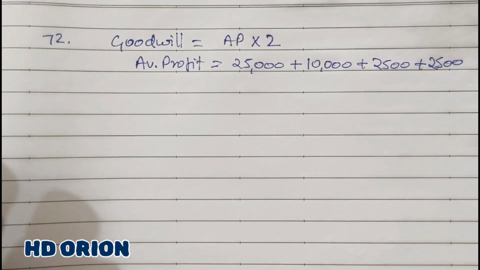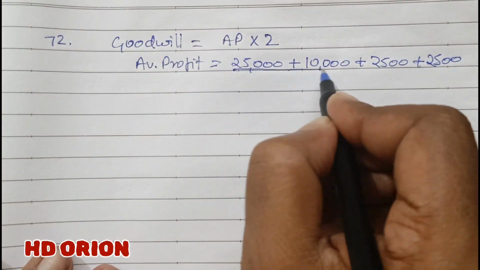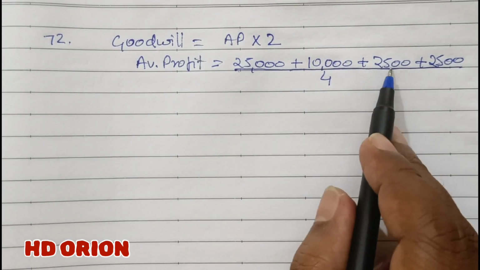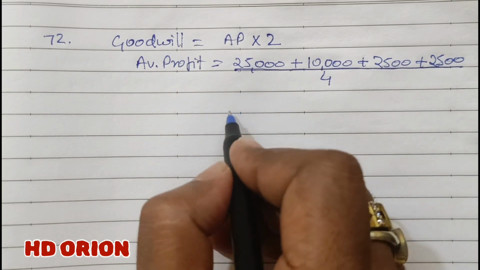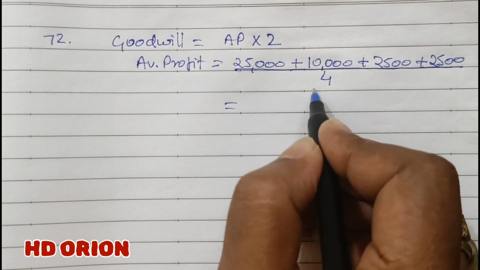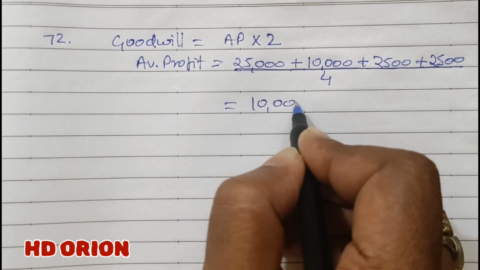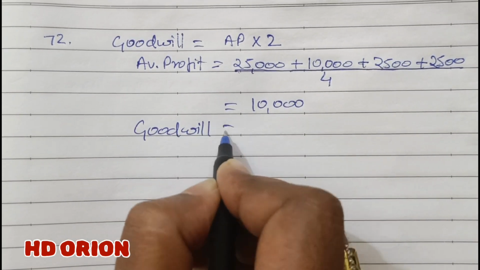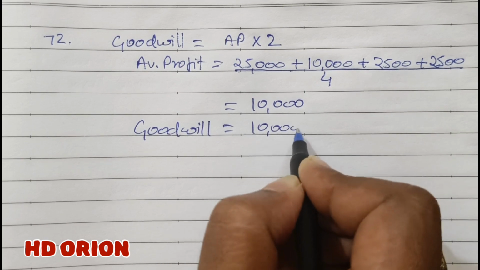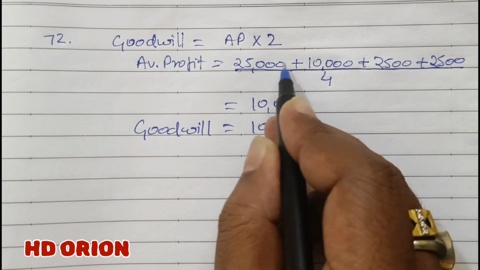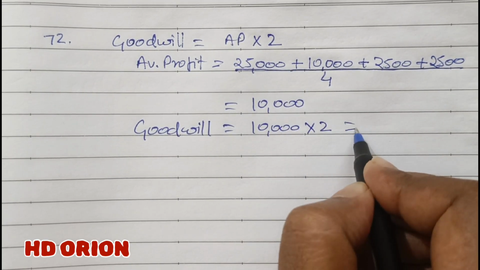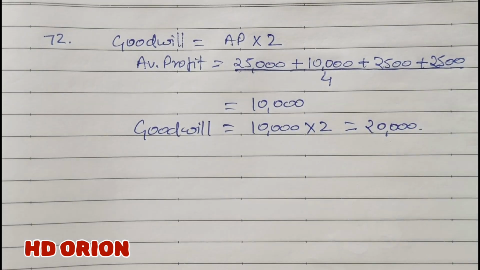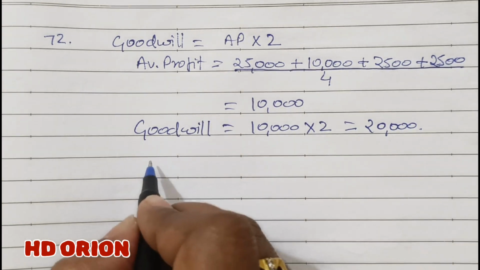Fine. Whole divided by 4. So 25 plus 5 is 30, 40. It is 40,000 divided by 4 is 10,000. Therefore, goodwill is equal to 10,000 multiplied by 2, which is equal to 20,000 rupees. So this is the firm's goodwill, and the new partner Abhay.